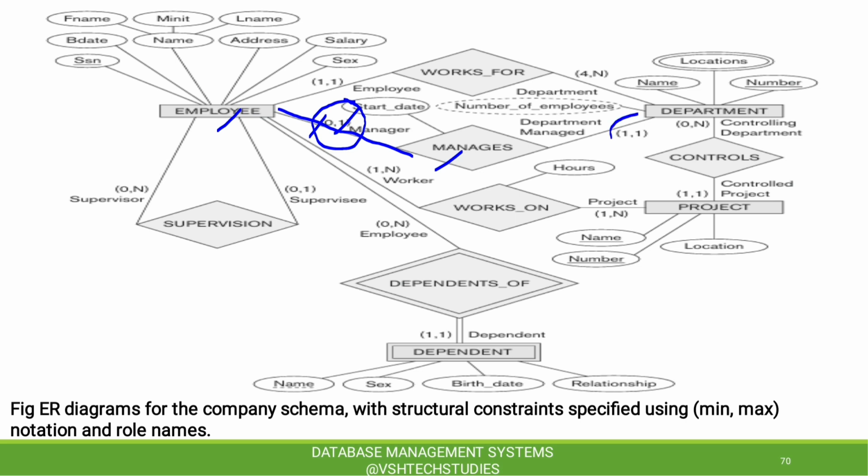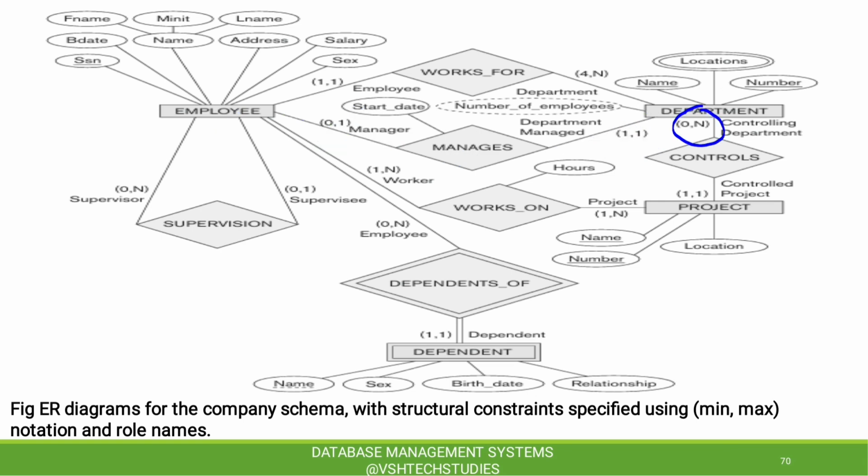The other side, 1, 1 is written on the line joining department entity with the same manages relationship. So this minimum 1 indicates a department to the minimum can be managed by 1 employee, to the maximum it can be managed by 1 employee only.